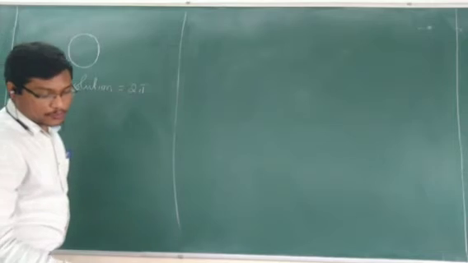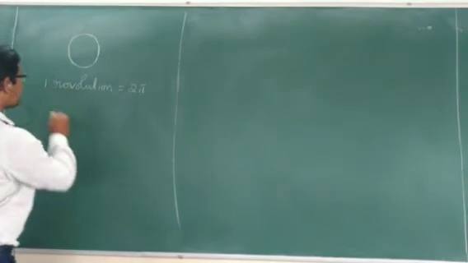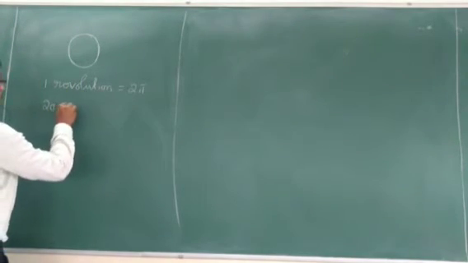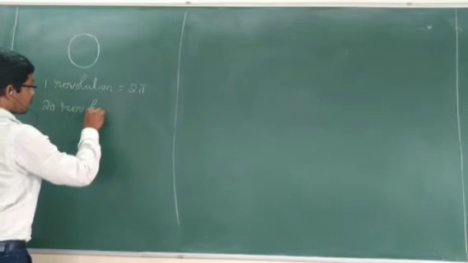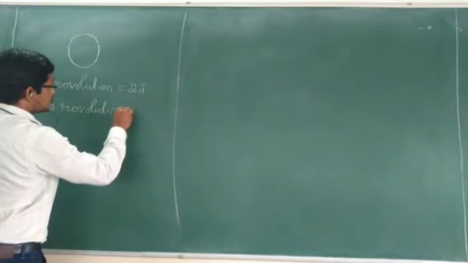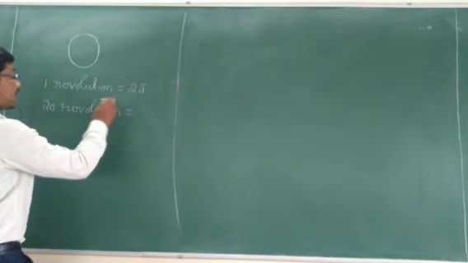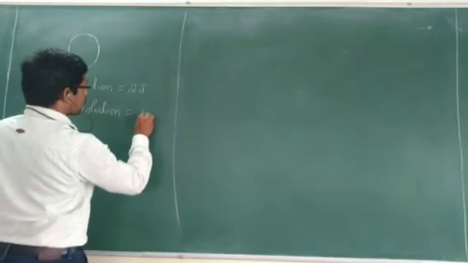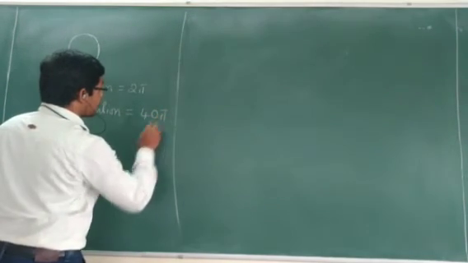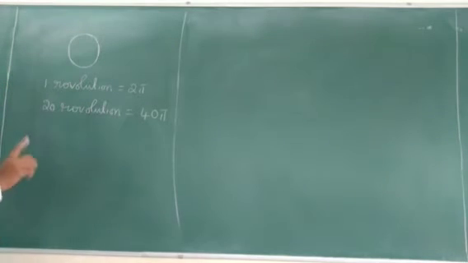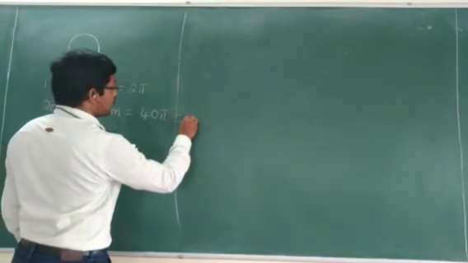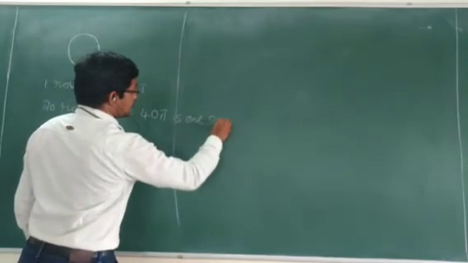Then 20 revolutions is equal to 20 into 2 pi, so it makes 40 pi radians in 1 second.